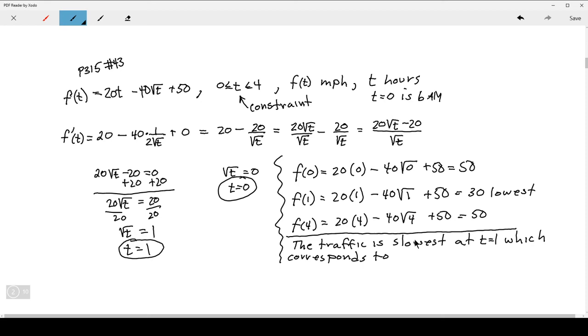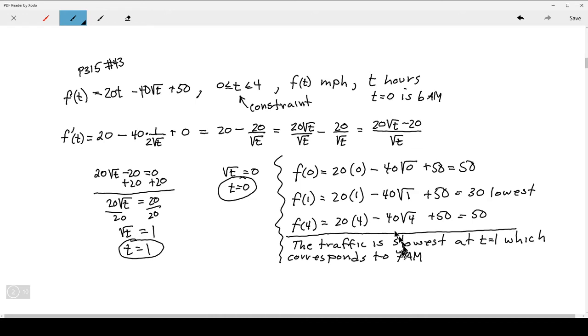If t equals 0 is 6 a.m., then t equals 1 is 7 a.m. So the traffic is slowest on this stretch of the road at 7 in the morning.